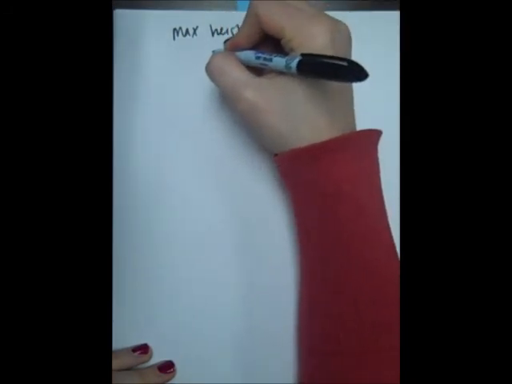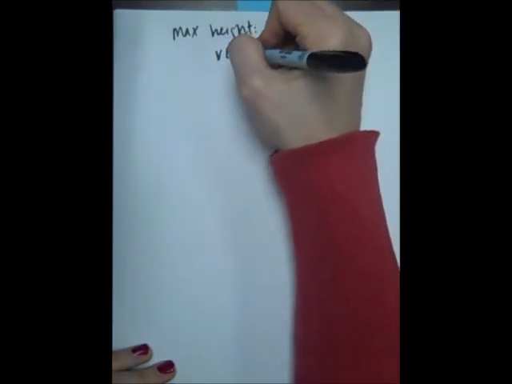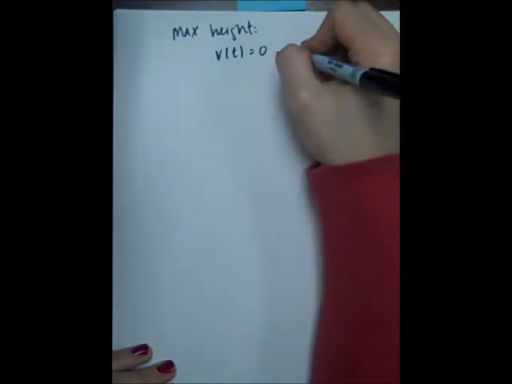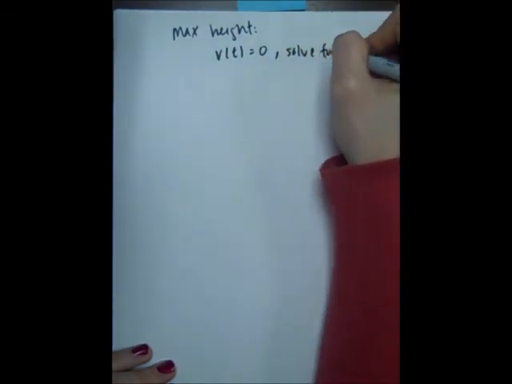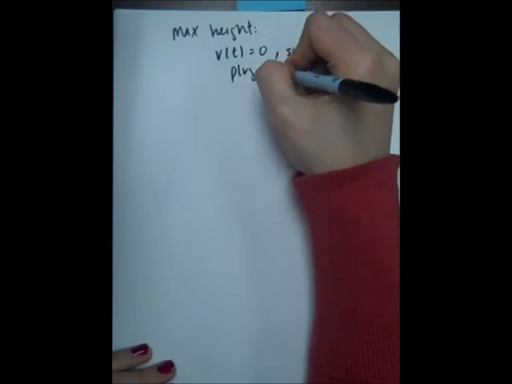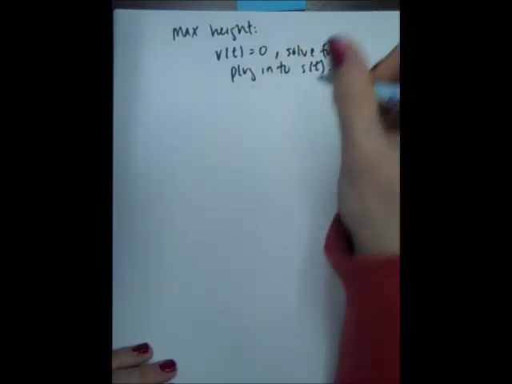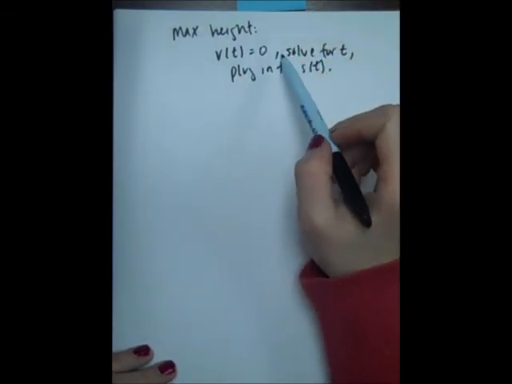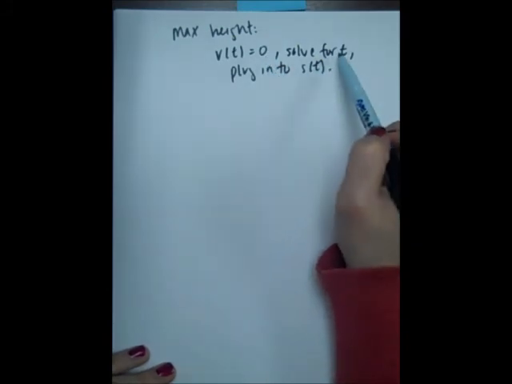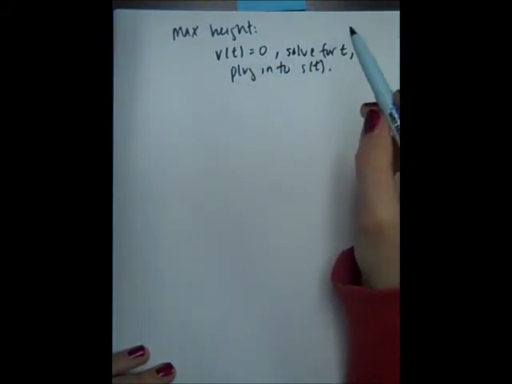We found where V of t is 0, solve for t, and then plug it into S of t. The maximum height is going to be where velocity is 0, solve for t to find the time where that happened, plug it into S of t.